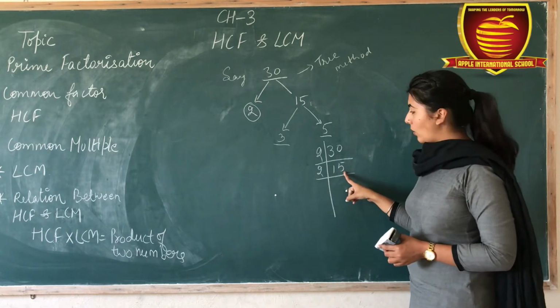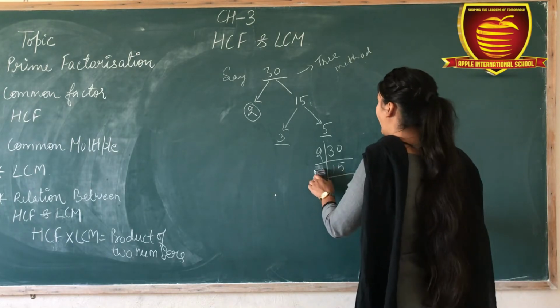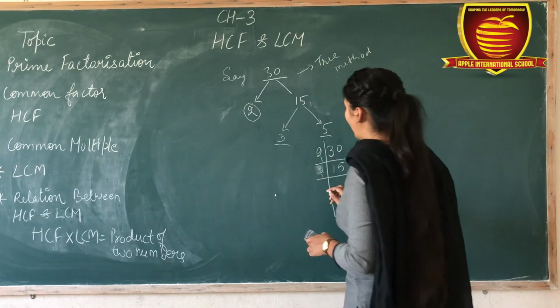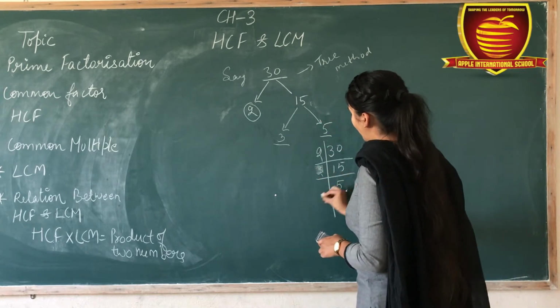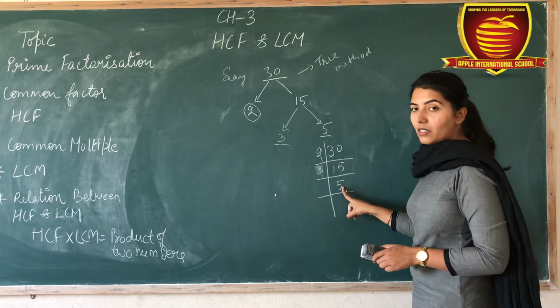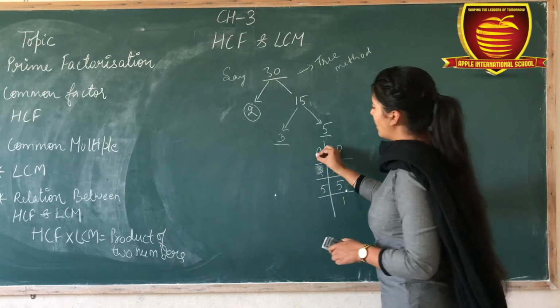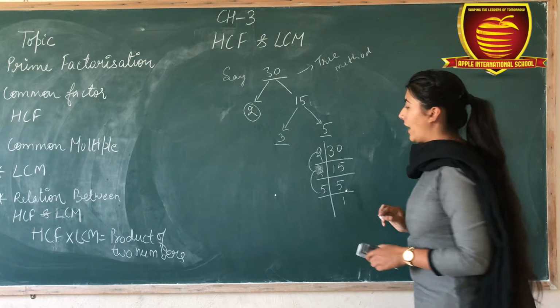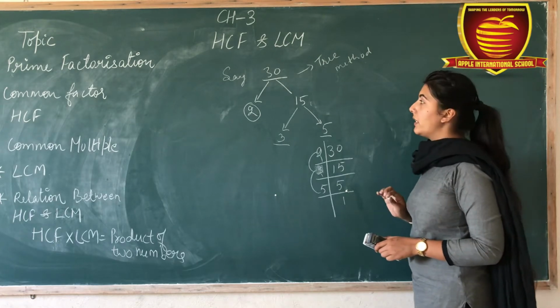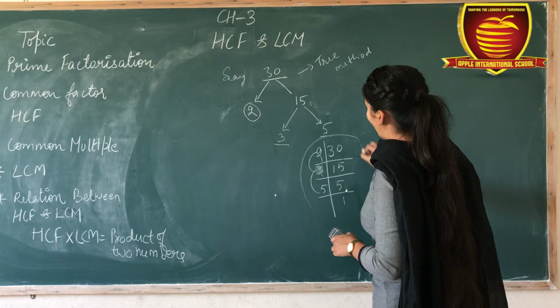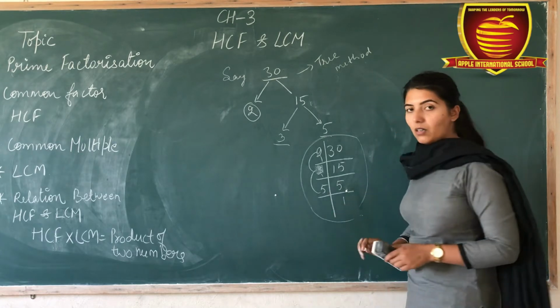Does 15 come in the 2 table? No. So now we take the next prime number, which is 3. 3 fives are 15, giving 5. Now 5 is a 5. So these are the prime factors of 30. This method is known as prime factorization.